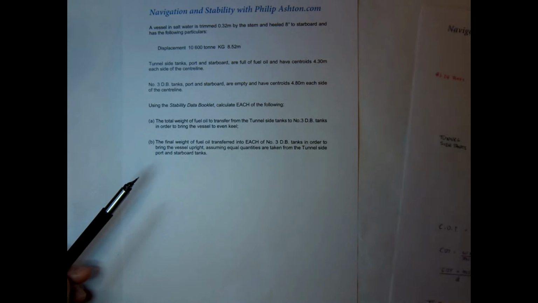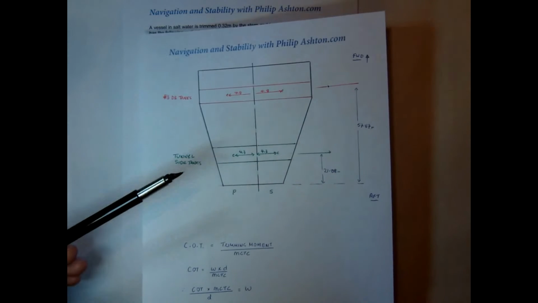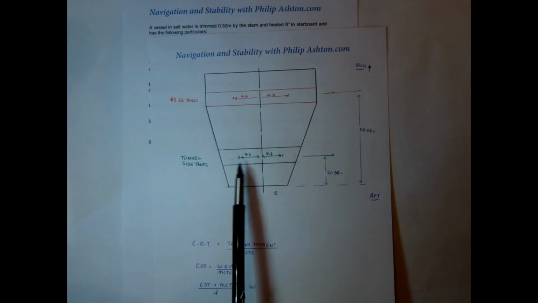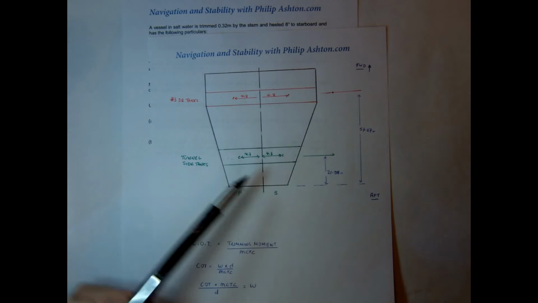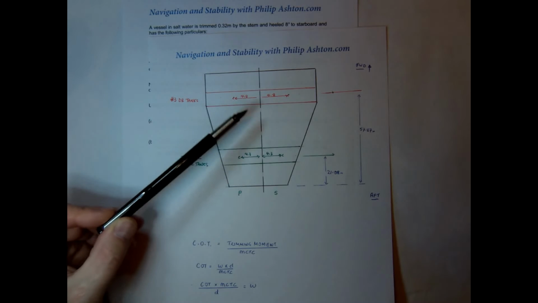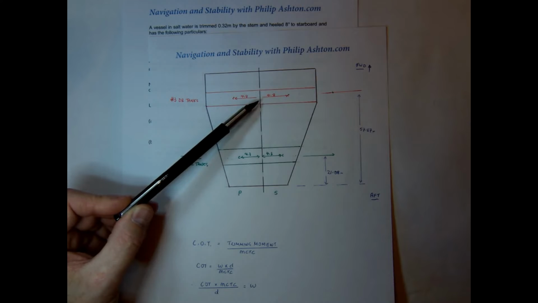In these problems we don't take account of any free surface moments, it doesn't come into it with these problems, but I've done a sketch here to see if you can visualise what's happening. So here are the tunnel side tanks, 4.3 centroids either side. We're going to transfer to number 3 double bottom tanks to get the vessel to even keel.